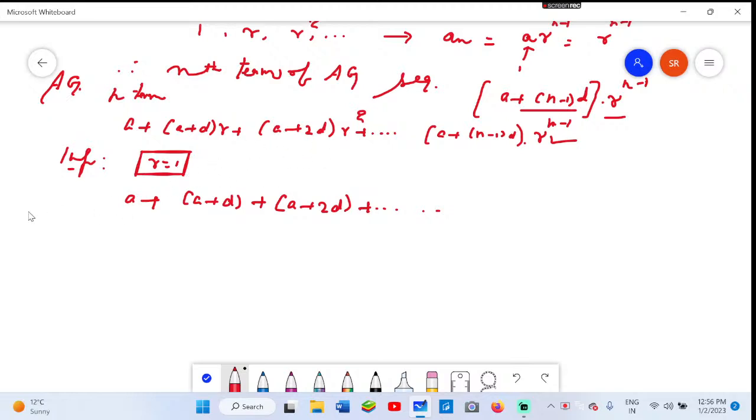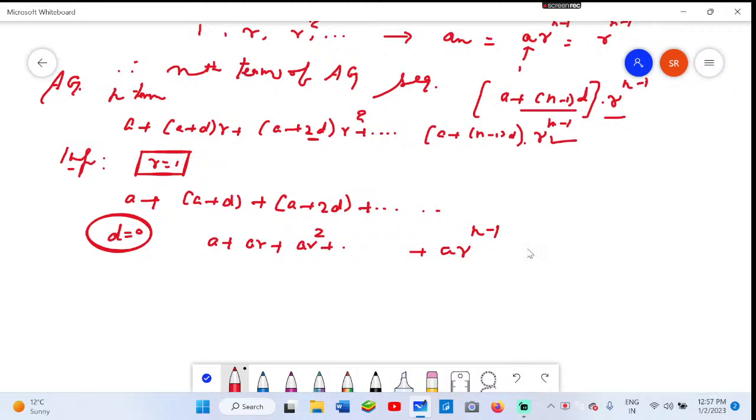Similarly, when we put d is equal to 0, that is common difference equal to 0 in the AG series, it becomes a plus ar plus ar square, likewise up to a into r raised to power n minus 1.